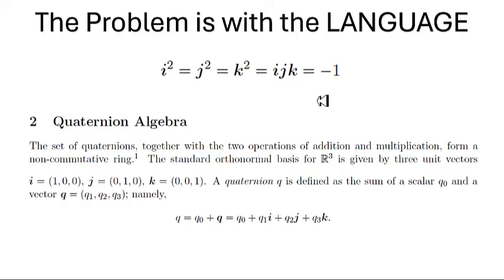I think the language could be greatly improved if we didn't use the same variable names, the same labels, for things that are very different, that are in different contexts.